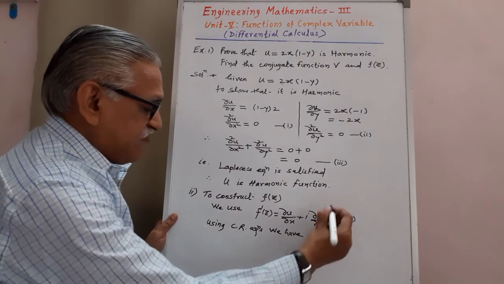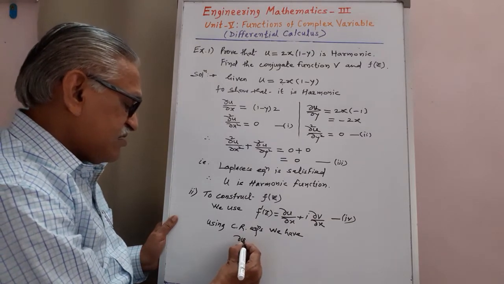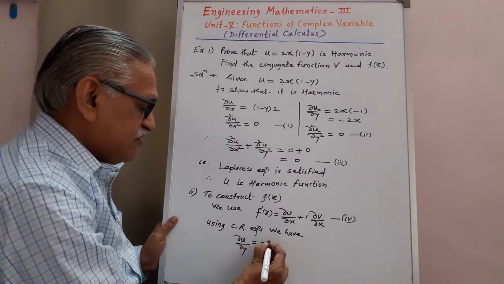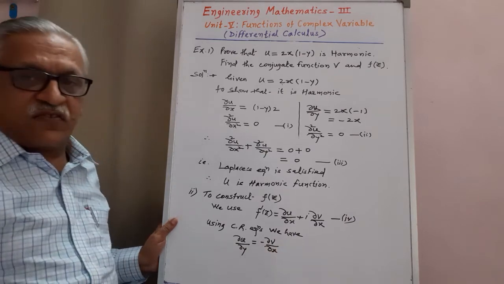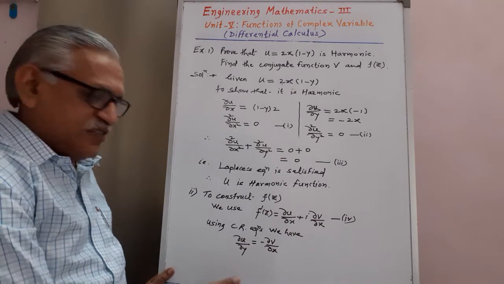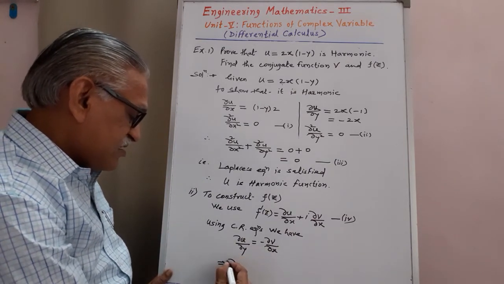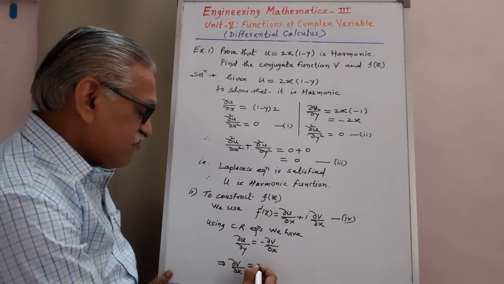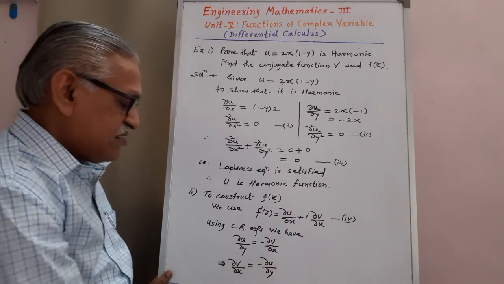we have ∂u/∂y = −∂v/∂x, the second CR equation. As the function is analytic, we can take the help of this CR equation, and this implies that we get ∂v/∂x = −∂u/∂y.